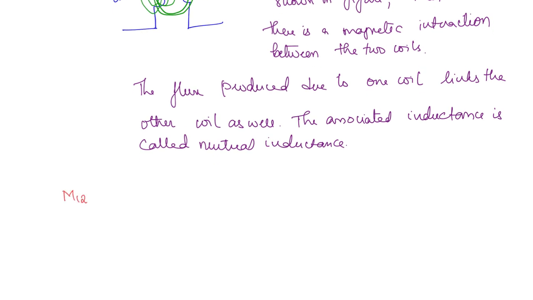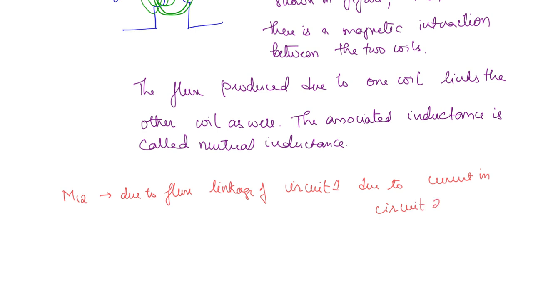Okay. So M12, this is due to flux linkage of circuit 1 due to current in circuit 2. Okay, that means some current is flowing in coil 2, and because of that there is some flux linkage in circuit 1. So that inductance we represent as M12. Okay.